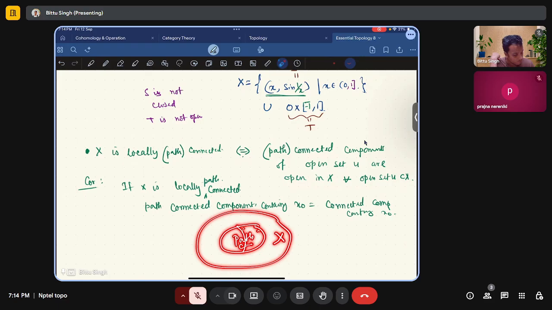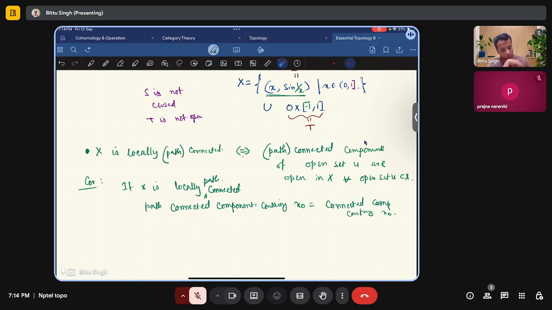Can you see? Let Cx0 be the connected component.